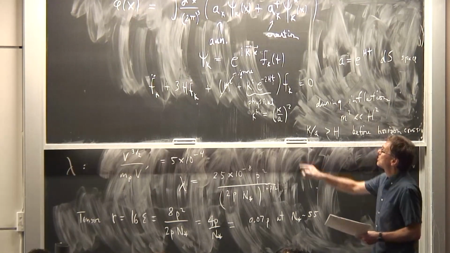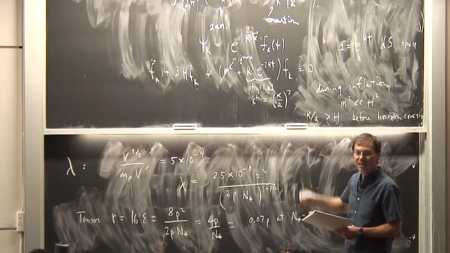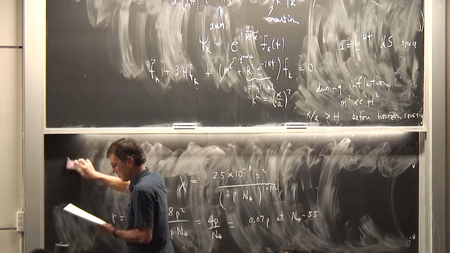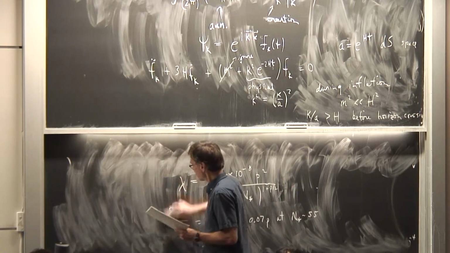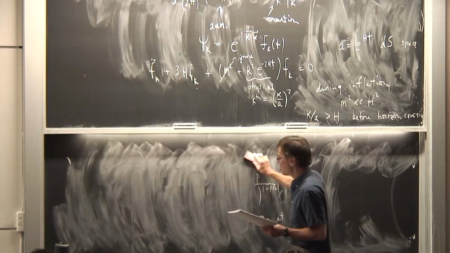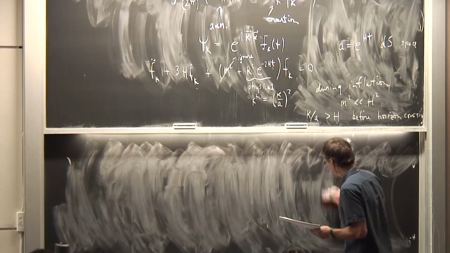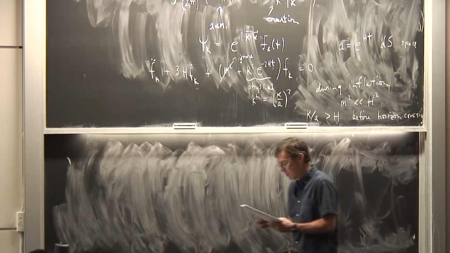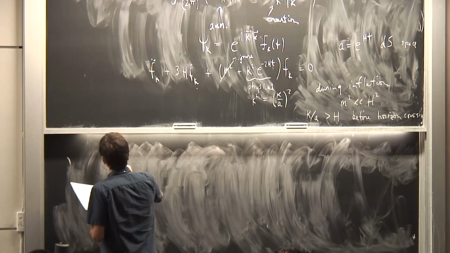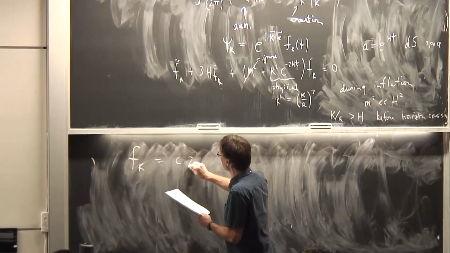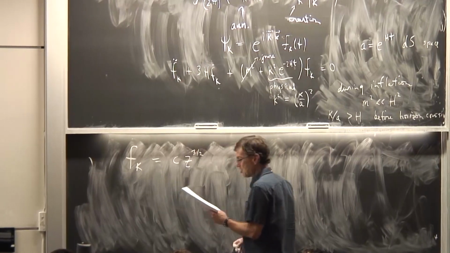Now, you can take that differential equation, and it's actually pretty simple. If you plug it into Mathematica, you'll just get Bessel functions. In fact, they're spherical Bessel functions, so we can express them in terms of trigonometric functions. And what you find is that the solutions are just a normalization constant.